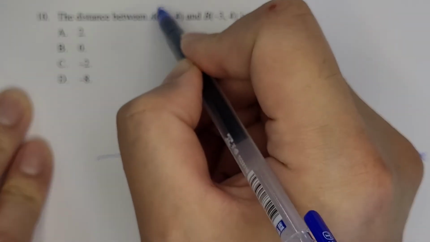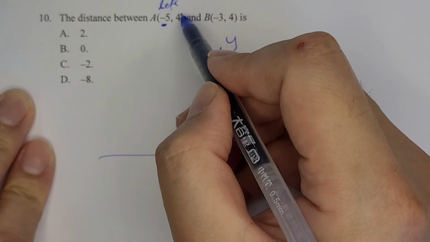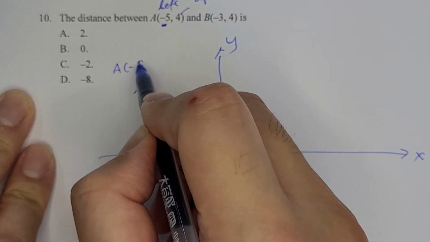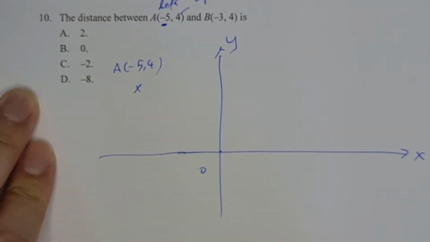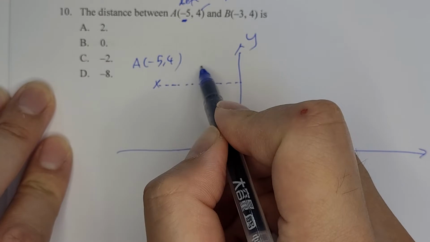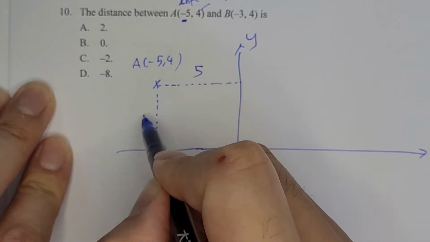Okay? Because it's negative, so go to the left. And this is positive, so go upward. Therefore, point A, that is negative 5, 4, something like this. And here, that is the horizontal distance, 5, and the vertical distance, 4.